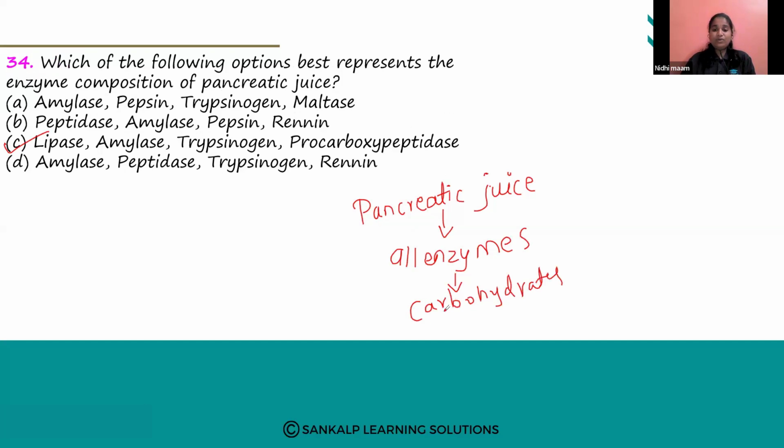To break down lipids, it has lipase. To break down protein and its derivatives, it has trypsinogen and procarboxypeptidase. So overall, it has enzymes that break everything down. Do remember it. Option number C is the right answer.